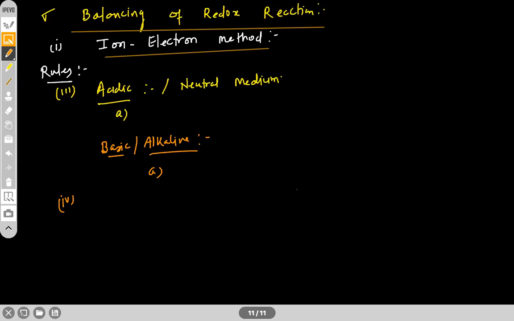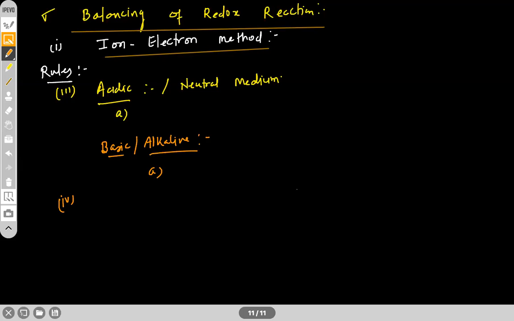So the fourth point you have written: balance the charge by adding suitable number of electrons on one side. Last point, write down: multiply both equations by a suitable integer.